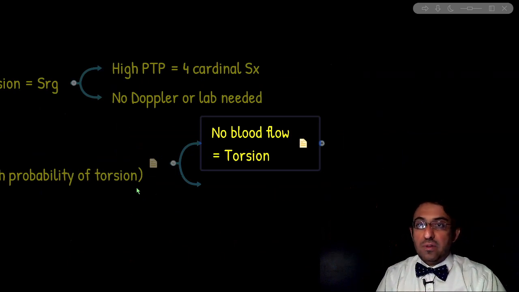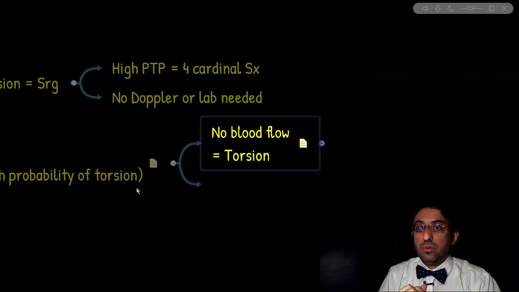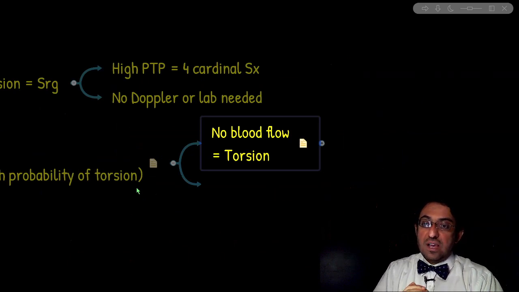Case: we have a 14-year-old boy with 3 out of 4 cardinal symptoms of testicular torsion that started around 16 hours ago. Now we have performed a testicular ultrasound and noticed heterogeneous echo texture and absence of blood flow in the spermatic cord.